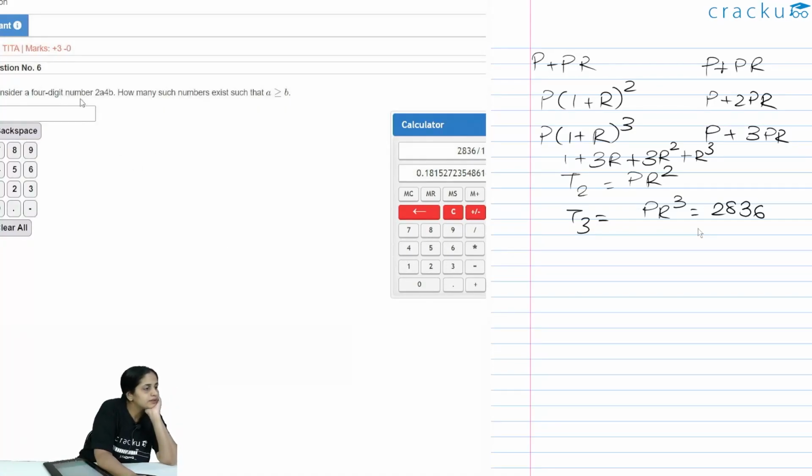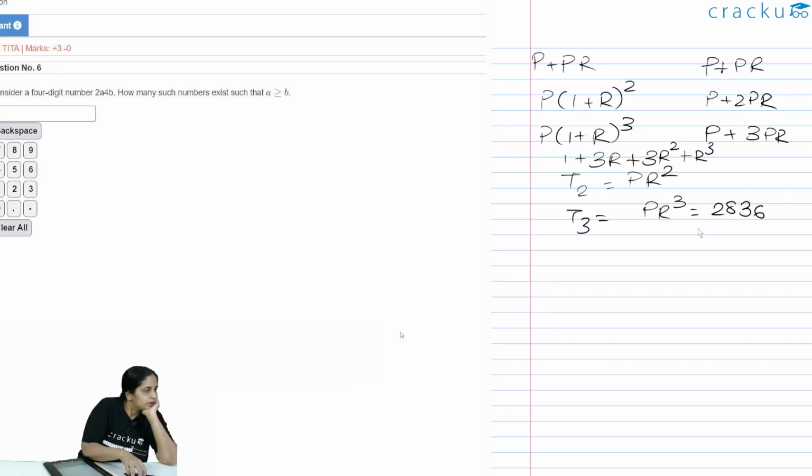Save and next. Consider the 4-digit number 2A4B. How many such numbers exist such that A is greater than or equal to B? So basically, the only condition is that B cannot be greater than A. Say A is equal to 0, then B has to be equal to 0.